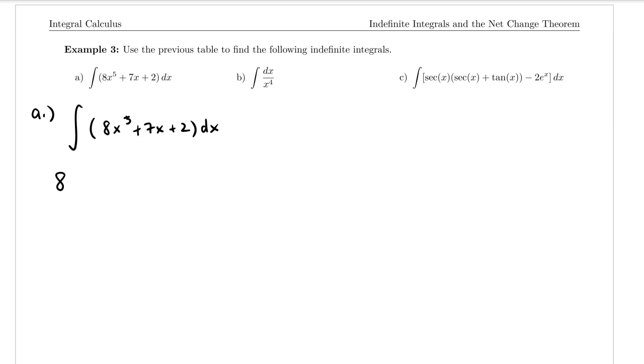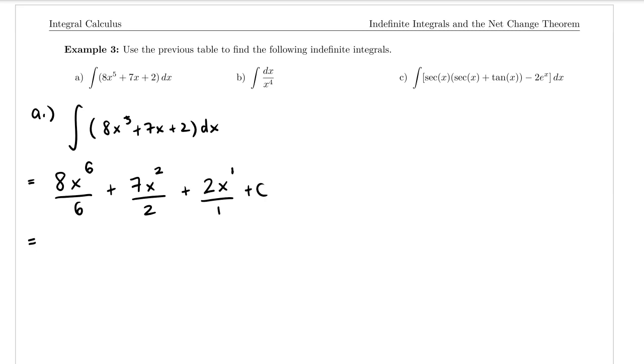So I'm going to keep my constant 8, and x, I'm going to increase the power by 1, and then divide by that new power, plus 7x, I'm going to increase the power by 1, divide by that new power, and then plus 2x, and if I raise this to the first power, it's kind of like I'm dividing by 1, and then I can't forget my constant of integration.